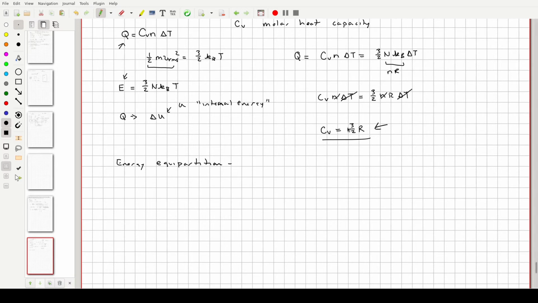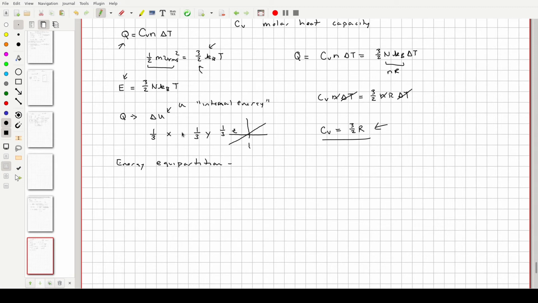Specifically, I want to look at this 3/2 sitting out in front. And I'd like to remind you that that 3 got there through this. The 3 got here through looking at motion along the x direction, motion along the y direction, and motion along the z direction on average. That is, 1/3 of the energy was along x, 1/3 of the energy is along y, and 1/3 of the energy is along z.